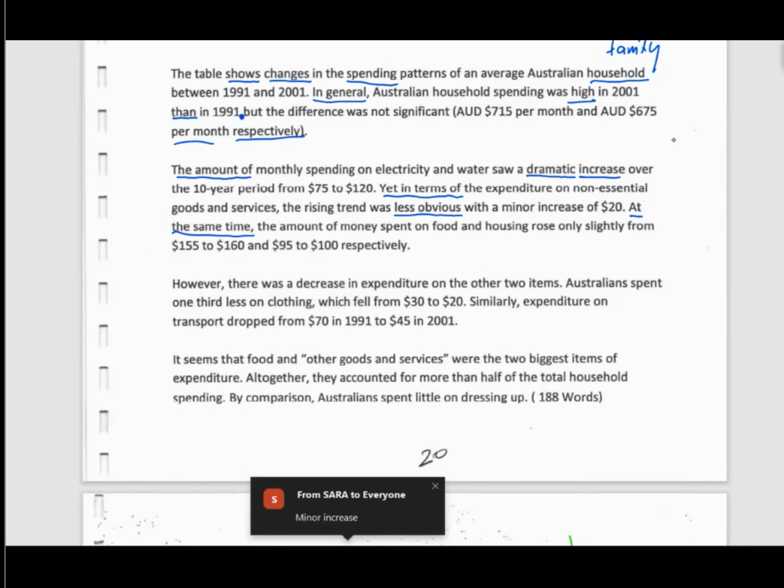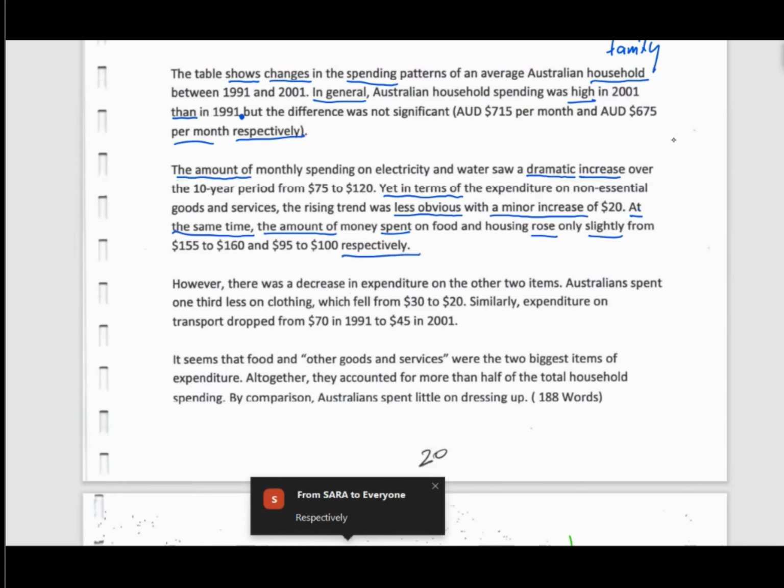Minor increase, a minor increase, a small increase. The amount of, again, spent, rose slightly. See the verbs here in the past: spent, rose, fell.